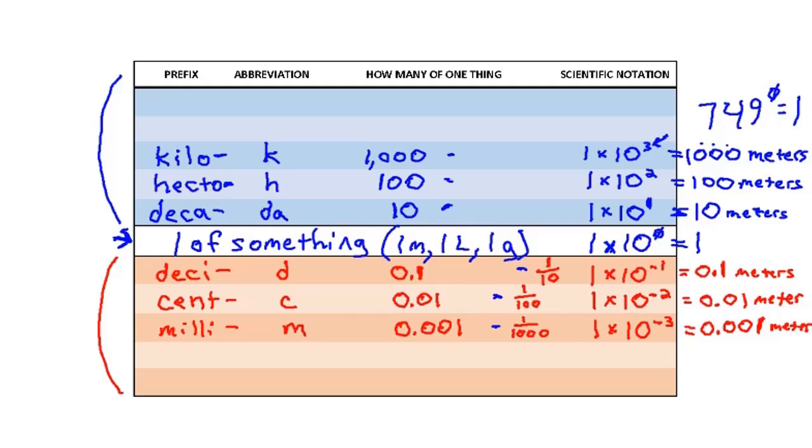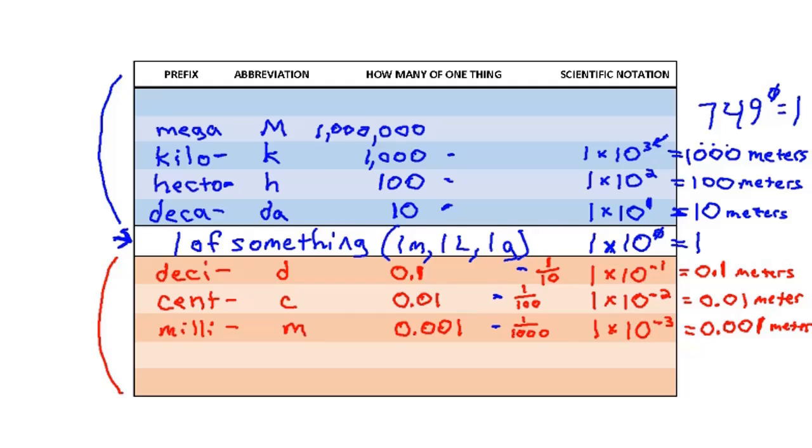Now back up to the big again. Now we have mega. And mega is capital M. And mega means 1 million. One million of something. Mega million.